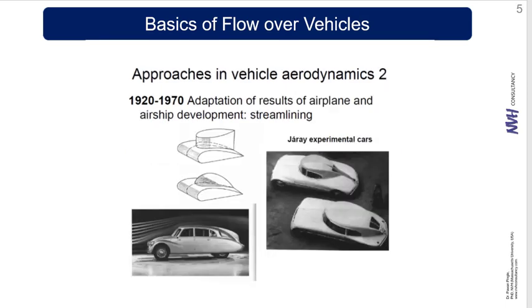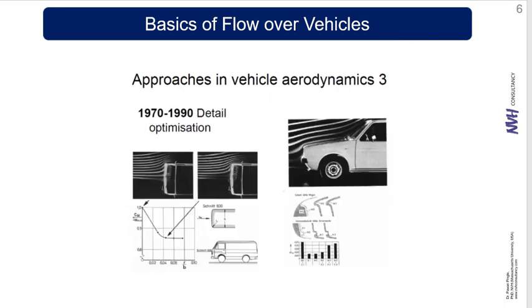Then the adaptation continued with some experimentation that was started from the 1920s to the 1970s. The whole point was to make the shape of the vehicle a bit more streamlined.